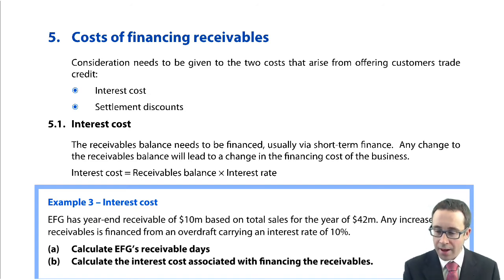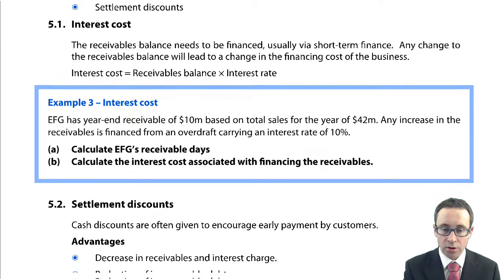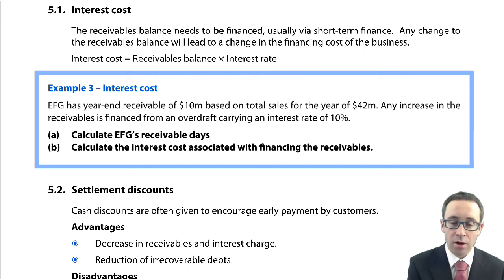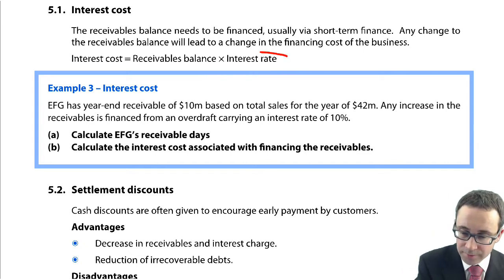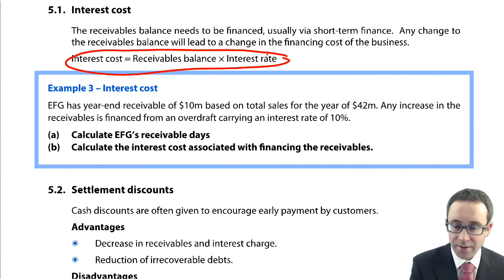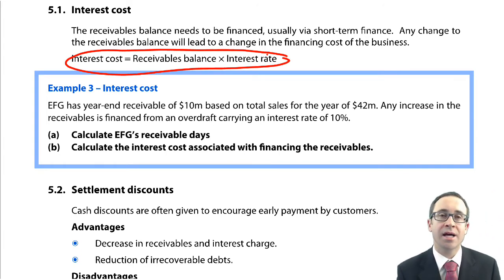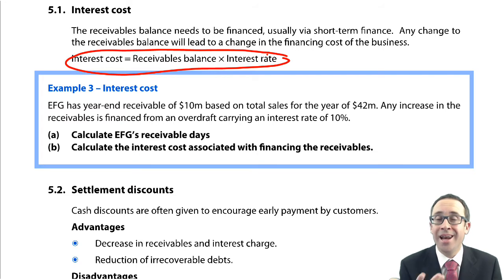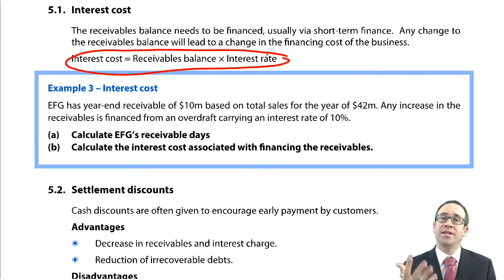So let's pick things up first of all with regards to the interest cost. Nice simple calculation. To work out the interest cost, we just take the interest rate and multiply it by the outstanding receivables balance, because that balance should be pretty constant across the whole year, so remain fairly static unless it was a seasonal business, but we're not worried about seasonality here.